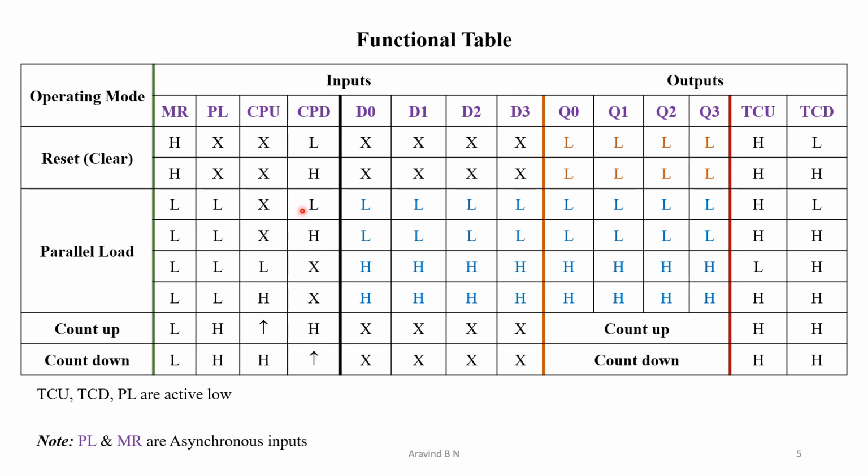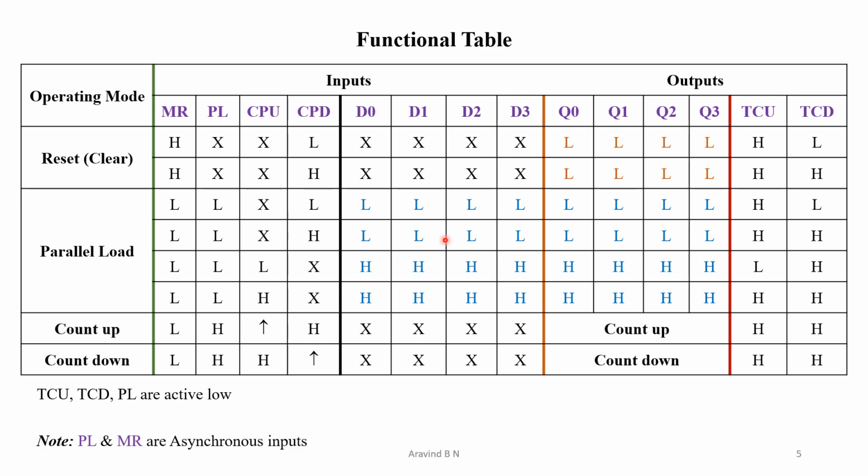Then why four different cases? With respect to CPD and CPU, we are going to make use of them. So with respect to CPD, when CPD is equal to low or high, and if we keep the data lines D0 to D3 equal to low, then the same values will be shifted to the output over here. Right?